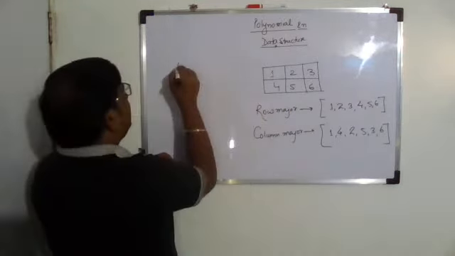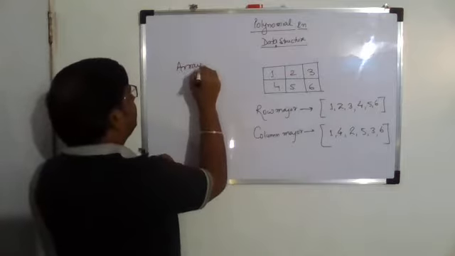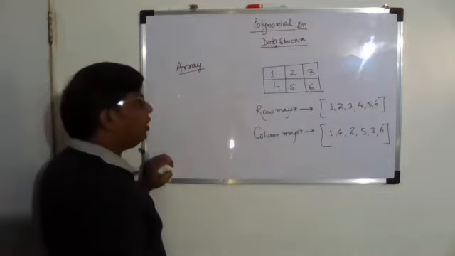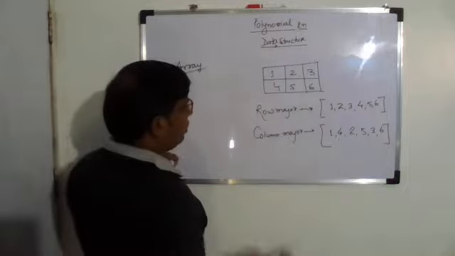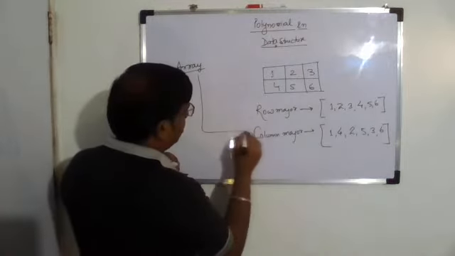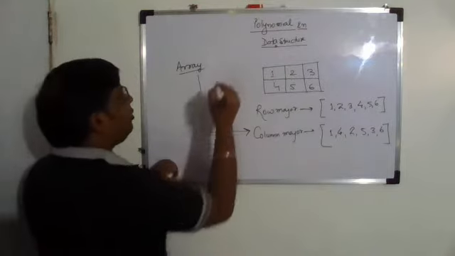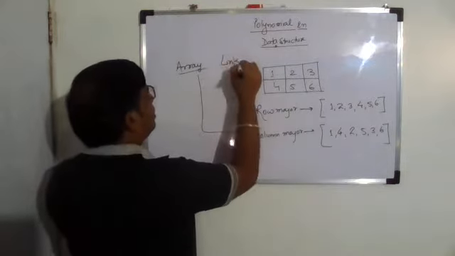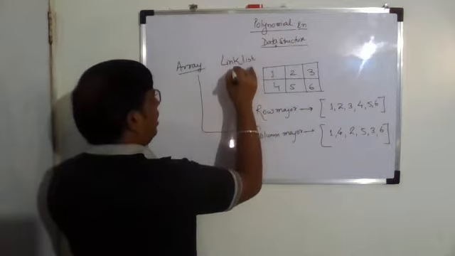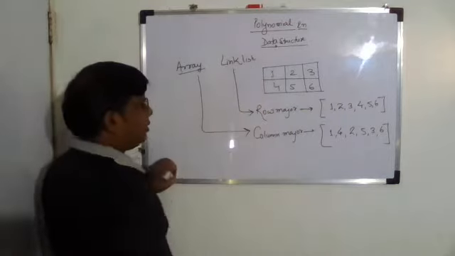So to represent the array for a polynomial, we use the column major concept. But when I am representing a linked list, I am using a row major concept.